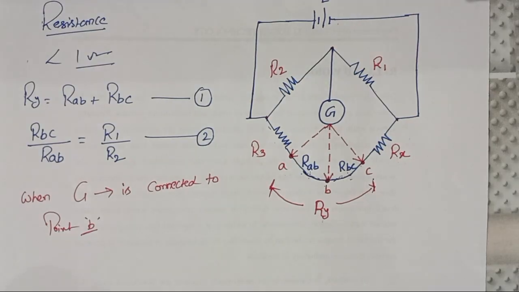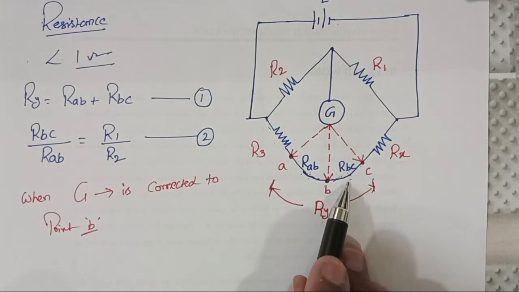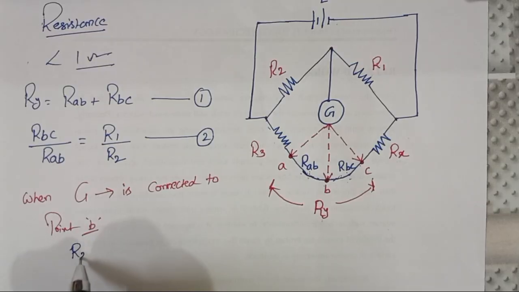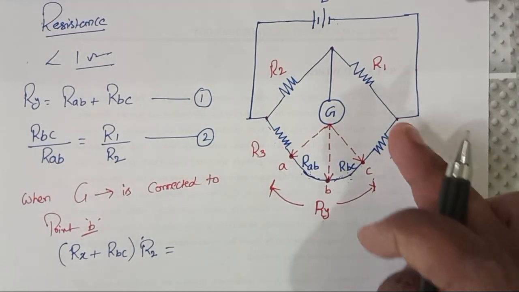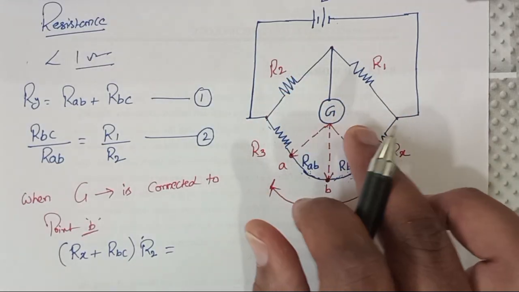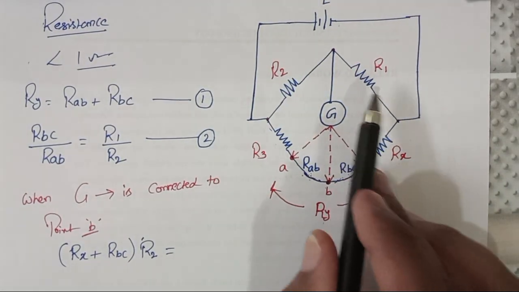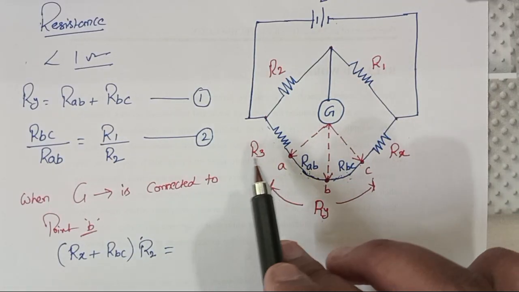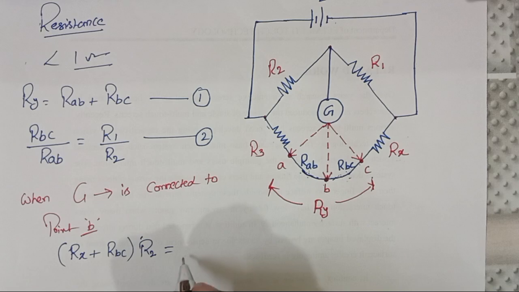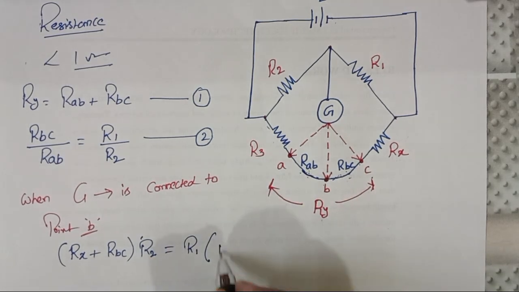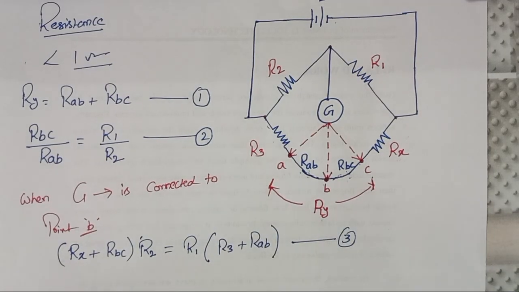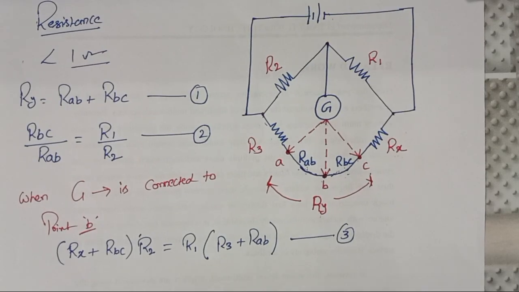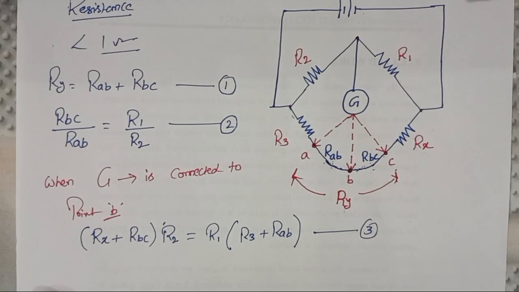So I'm writing it as Rx plus RBC, these two, into R2, equal to the product of the other two opposite resistances, that is R1 into R3 plus RAB. That is equation 3.